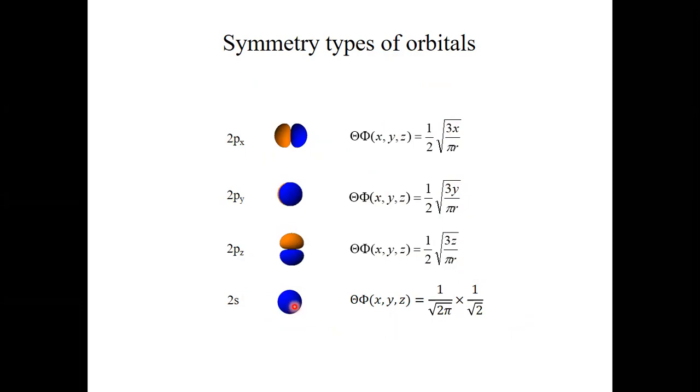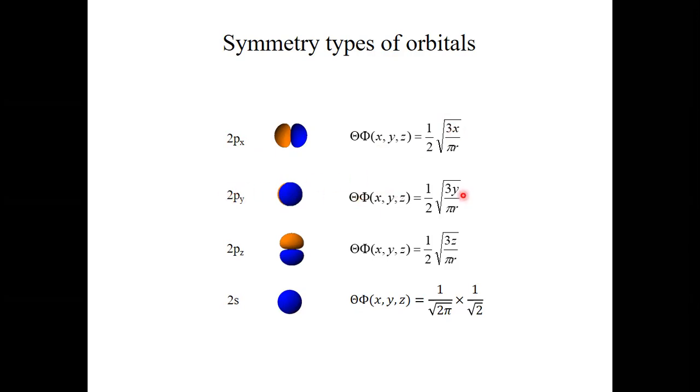Okay. So for that reason, we could have just derived the same information, meaning the symmetry type of the orbital in the particular point group, from the mathematical form of the respective orbital. Okay? So because the px orbital is a linear function of x, we know that its symmetry type must be B1.